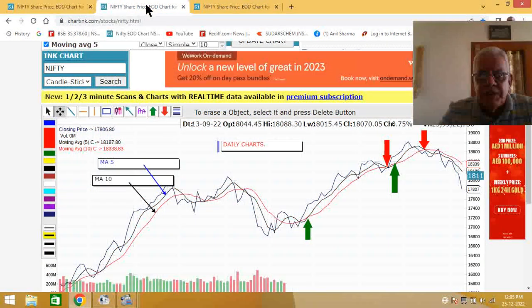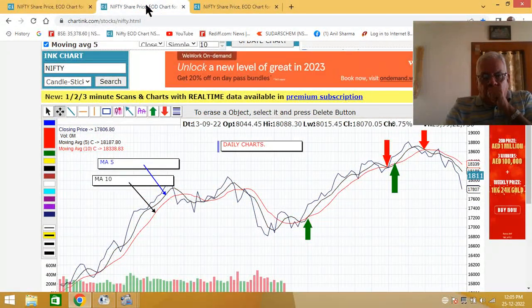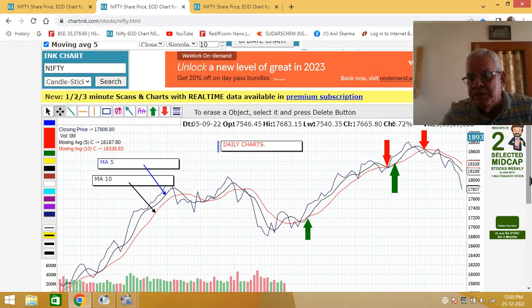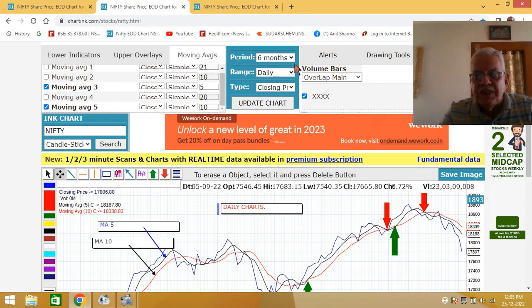Now friends, we see with two moving averages. The season is changing, therefore I am also coughing, just bear with me for some time. Here, on daily charts, we have taken moving average 5 and moving average 10. The charts I have taken are daily charts and closing price. So the closing price is this, fine.